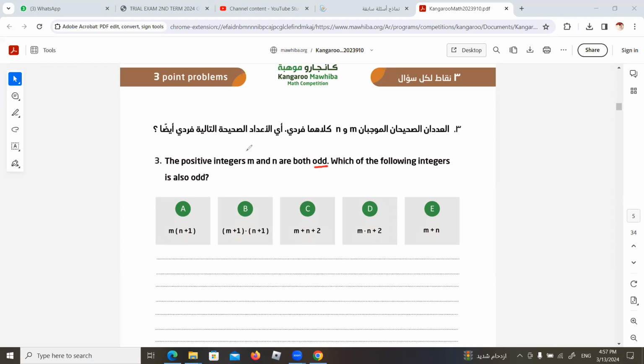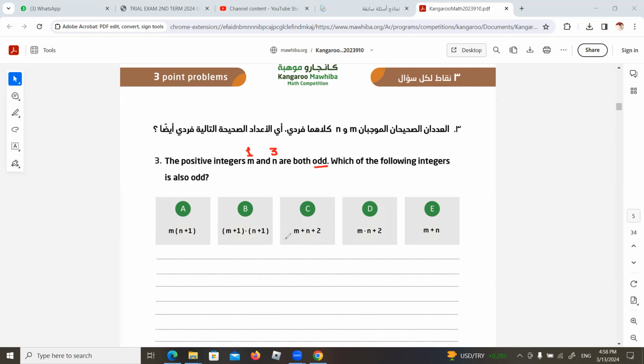So instead of m, I write 1, for example, and instead of n, I write 3. You can choose other odd numbers like 5 and 7, or 9 and 11, but we always choose small numbers in order to make the calculation easy.